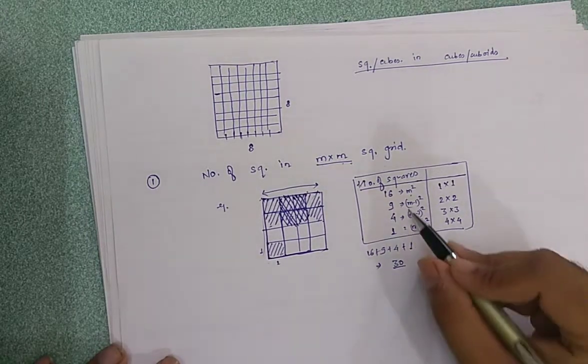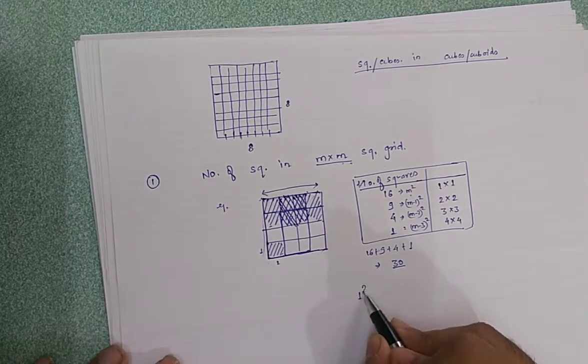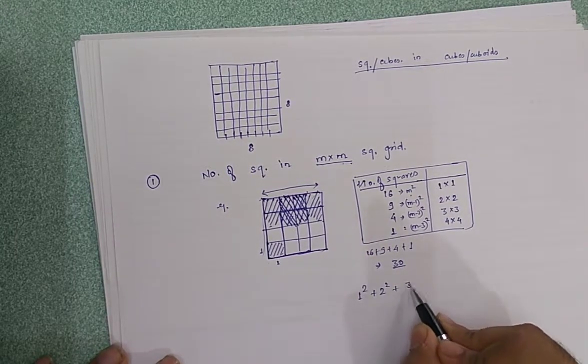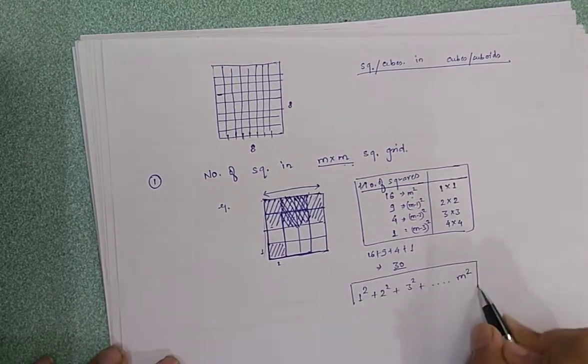So the formula for these types of questions can be 1 square plus 2 square plus 3 square till m square.